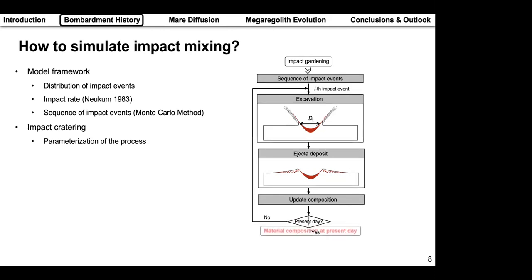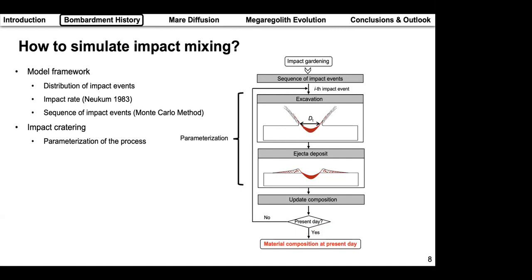After the formation of the youngest impact event, the model can give us the material composition on the present day. Of course, for the key processes like excavation and ejecta deposition, we need many scaling laws and parameterization methods, but I will not go deep into this part.